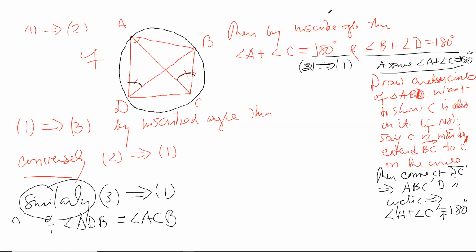And then how do you prove it? Suppose C is inside. If C is outside, you can prove similarly. Then you can extend this to a C prime, agree? Suppose C is inside, right? The C prime.